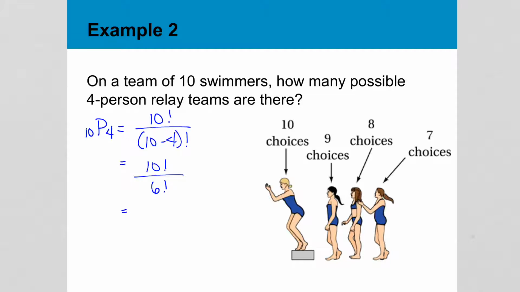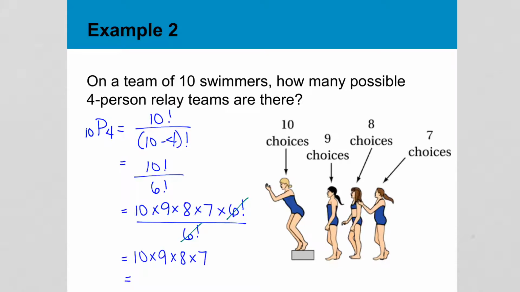So here's the deal: 10 times 9 times 8 times 7 times 6 factorial, and the 6 factorials cancel out. So all we need to multiply is 10 times 9 times 8 times 7 to get that there are 5,040 possible relay teams.